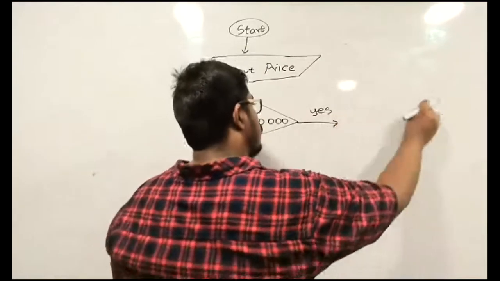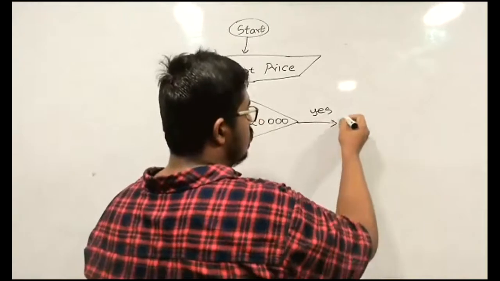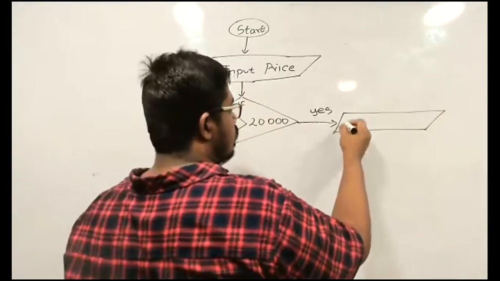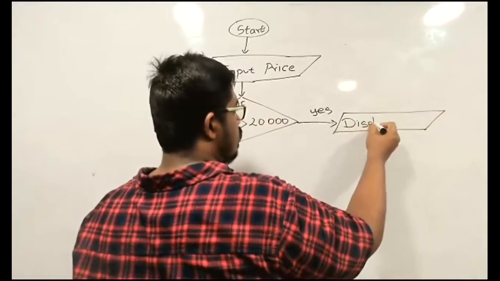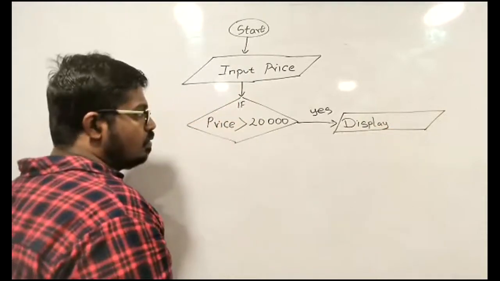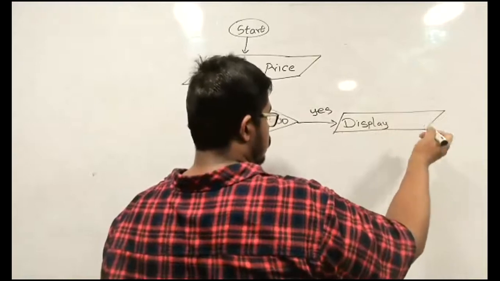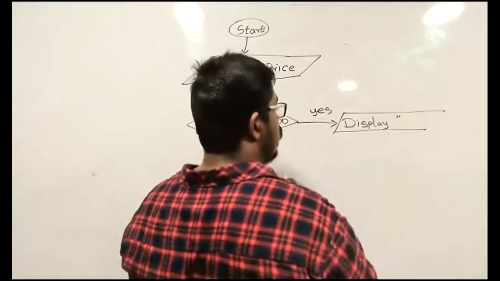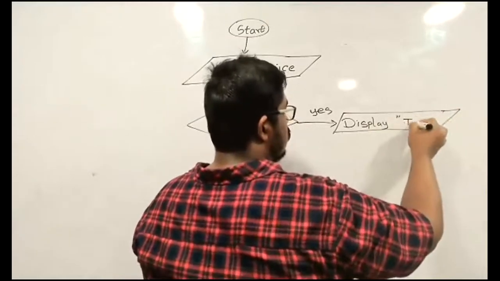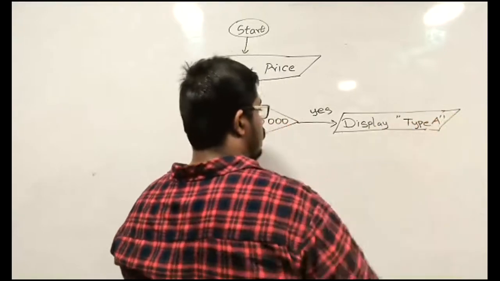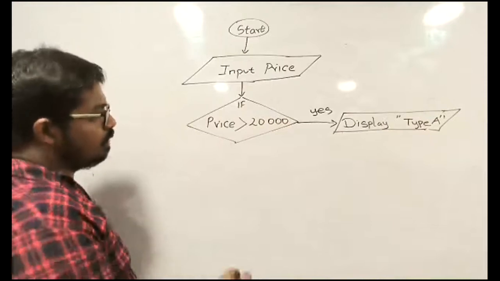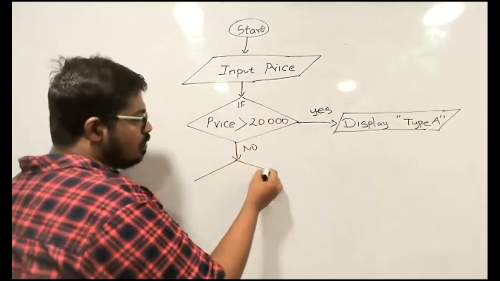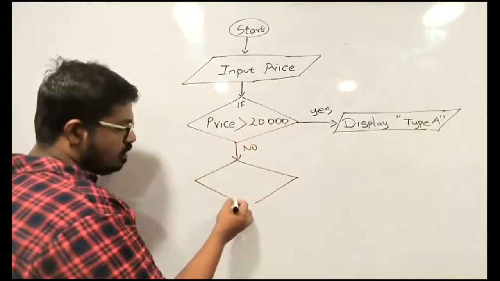Okay, output. Display type A. No. I will have a selection again.